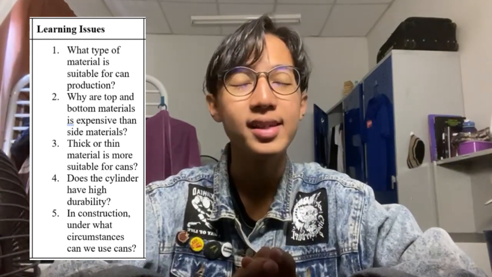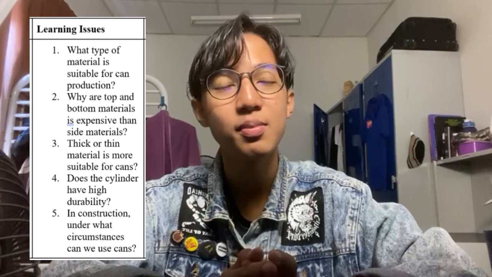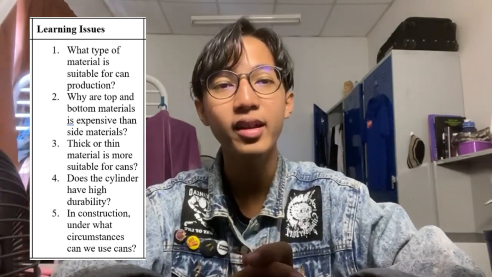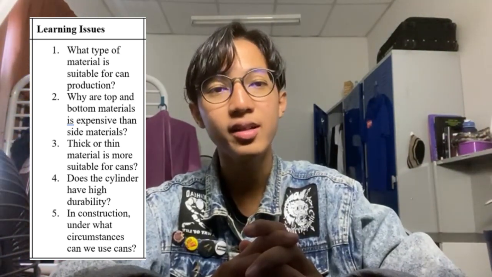The second one is why are top and bottom materials more expensive than the side materials. The third one is whether thick or thin material is more suitable. The fourth one is does the cylinder have high durability. And the fifth one is the question that I put for the construction: under what circumstances can we use a can.